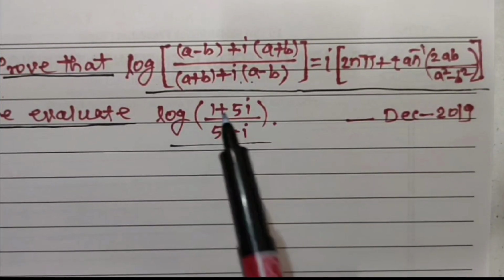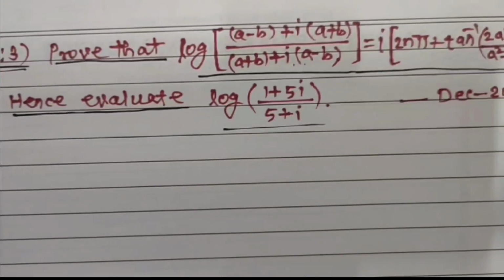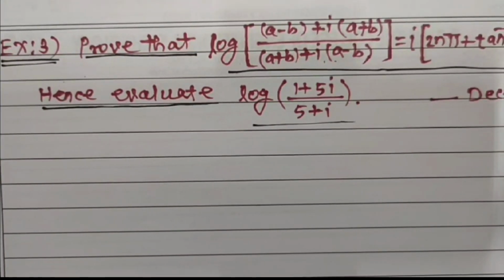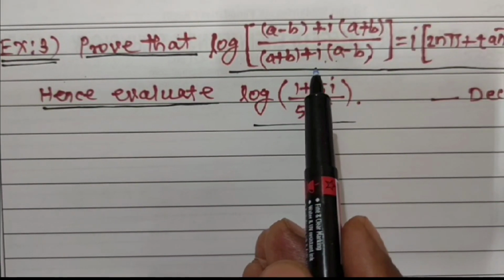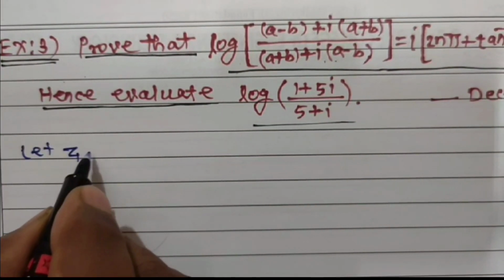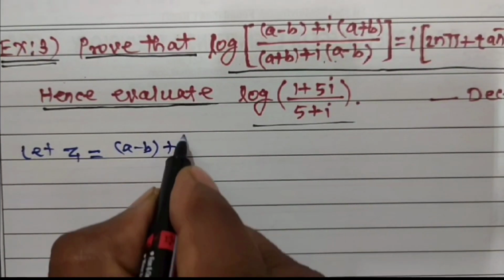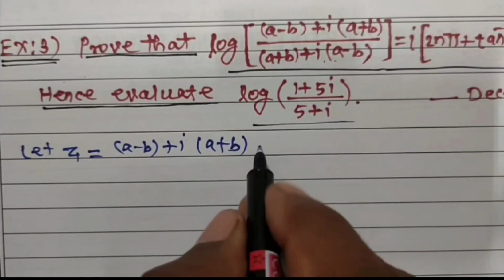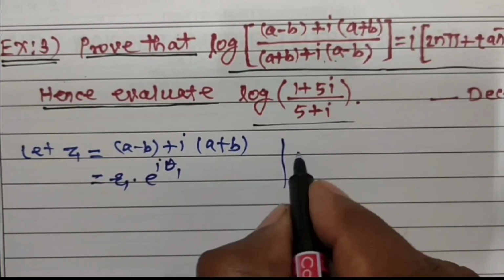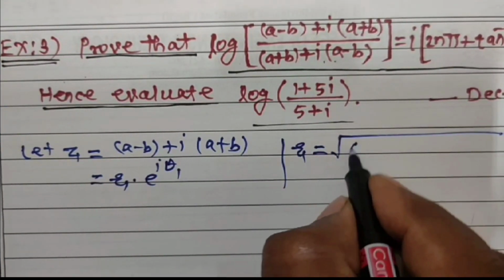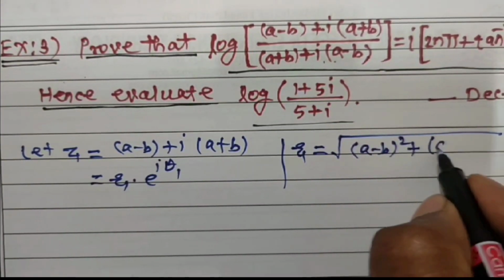Means put some values for a and b and get this result. So now to solve this sum, similar to the previous sum, here also we have to consider Z1 equal to the numerator and Z2 equal to the denominator. So let Z1 is equal to a minus b plus i into a plus b. This is equal to suppose R1 into e to the power i theta, where R1 is the square root of real part square plus imaginary part square.